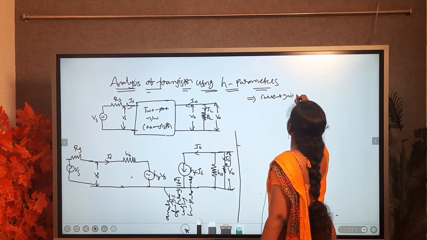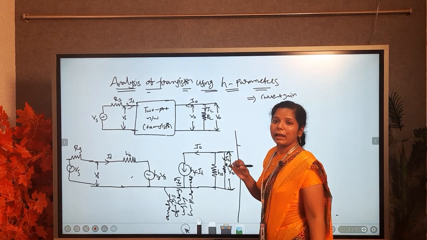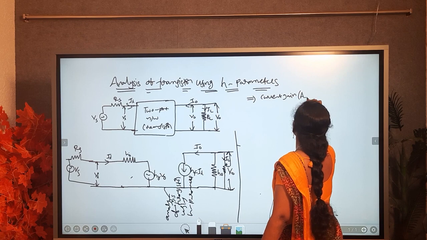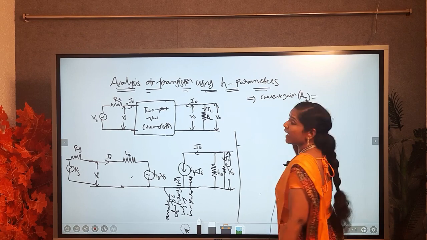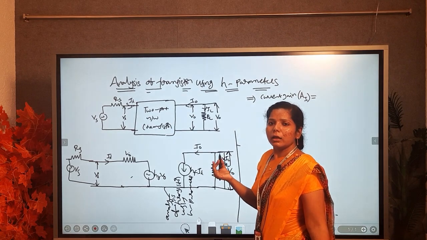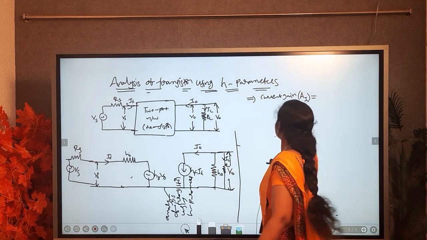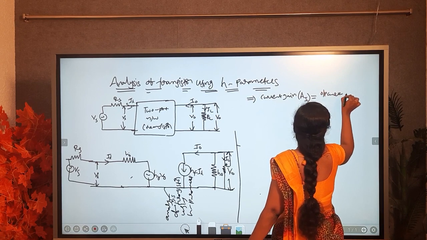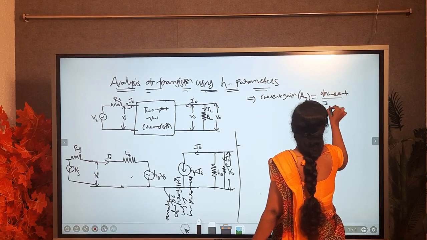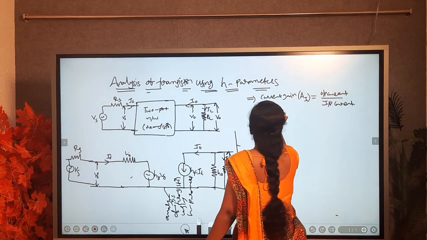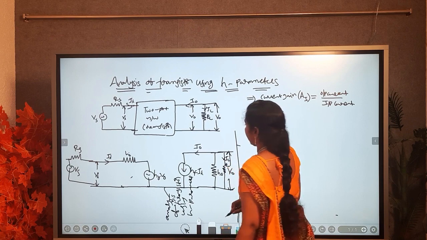The gain is denoted by A, so current gain is A suffix I. The gain is the ratio of output current to input current.